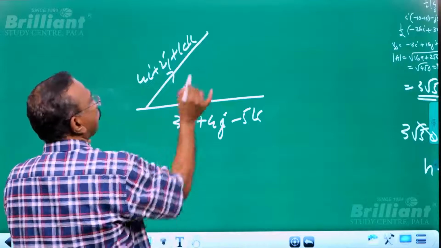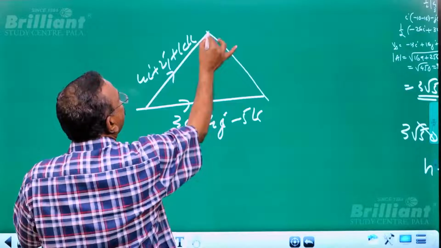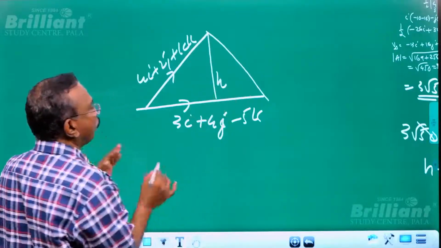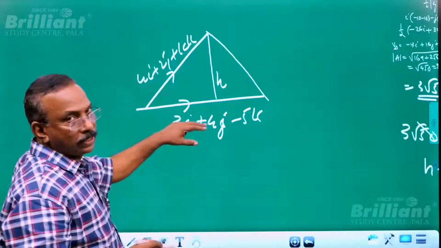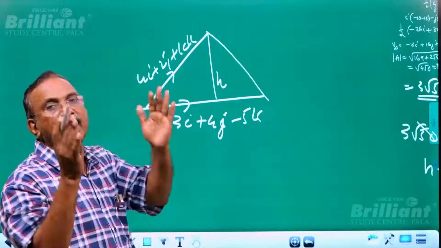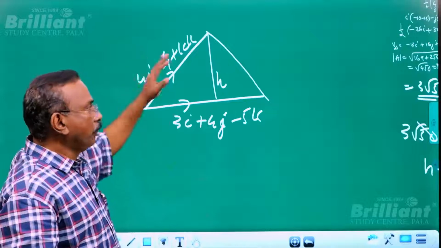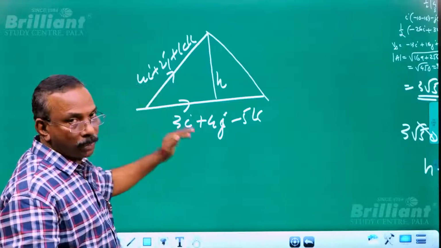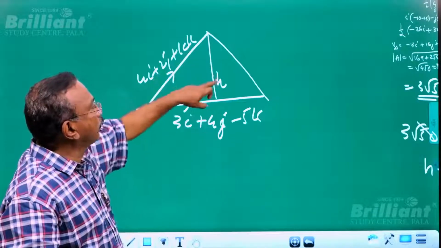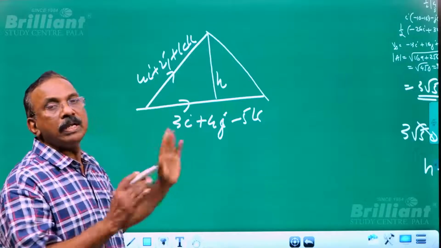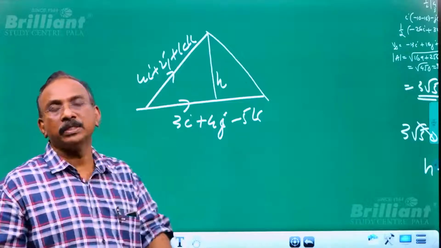So the approach is we complete a triangle like this and you want to find the height. First of all, you take the cross product of that. That cross product will give the area of this small triangle, and at the same time you can find the area using this condition with h and this modulus. So equating and solving for h, it will be exactly 6.